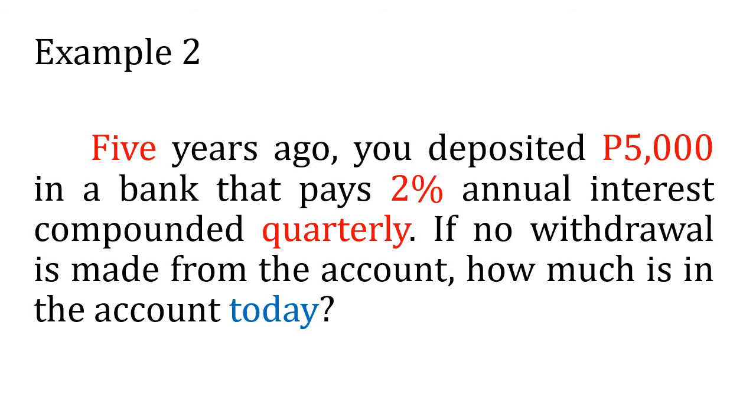So that's the principal amount, pays 2%, that's the rate, annual interest compounded quarterly. So the compounding period is quarterly, so M is equal to 4. No withdrawal is made from the account. How much is in the account today? So since it was 5 years ago, here we will be solving for the accumulated value, or how much the money is today.